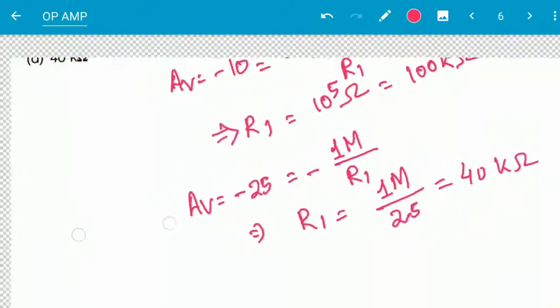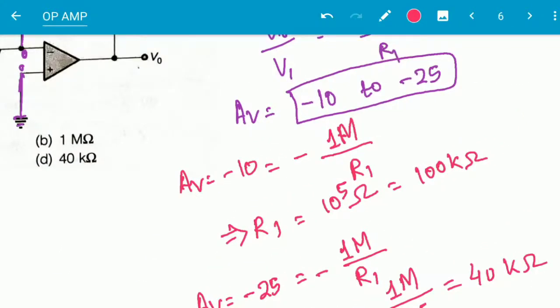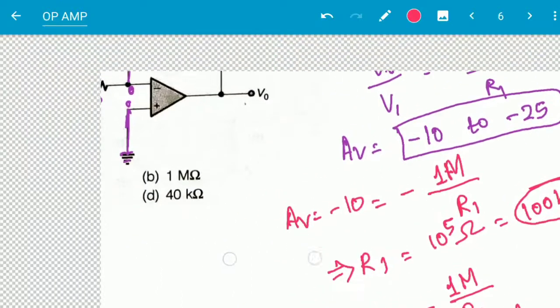So this is the minimum value of R1. The question is asking for the maximum value of R1, so the correct answer is 100 kilo ohm.